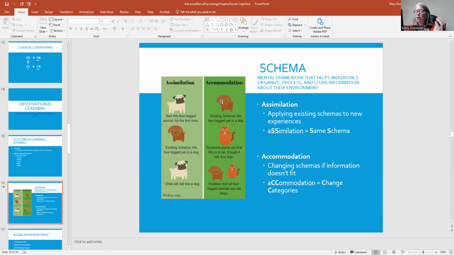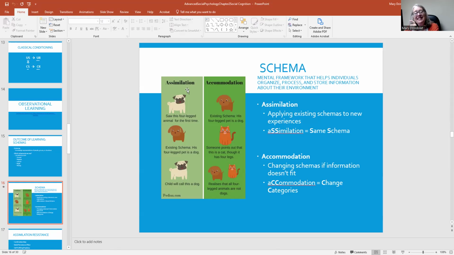So when we're young, we're creating schemas all the time. We're accommodating all the time. We're all the time learning new things and creating these new schemas, these new categories of what belongs in that particular schema. But after a while, and not that long, we really love to keep the schemas that we have.